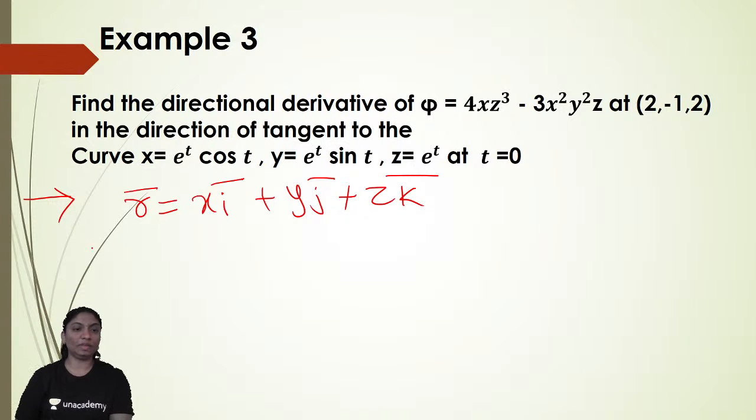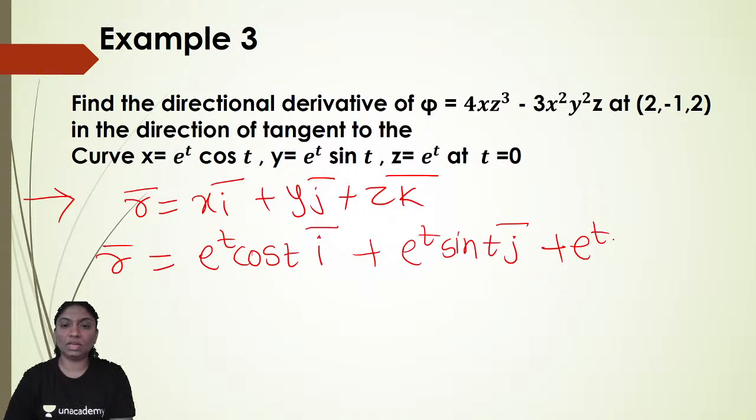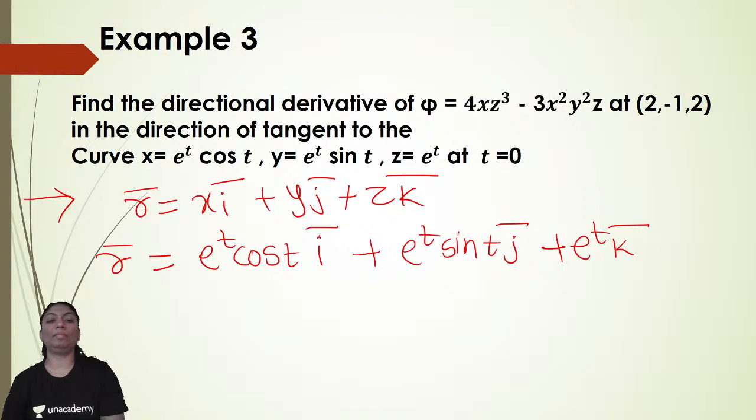So here you will get r bar is equal to e raised to t cos t i bar plus e raised to t sin t j bar plus e raised to t k bar. Now this is your vector r bar.